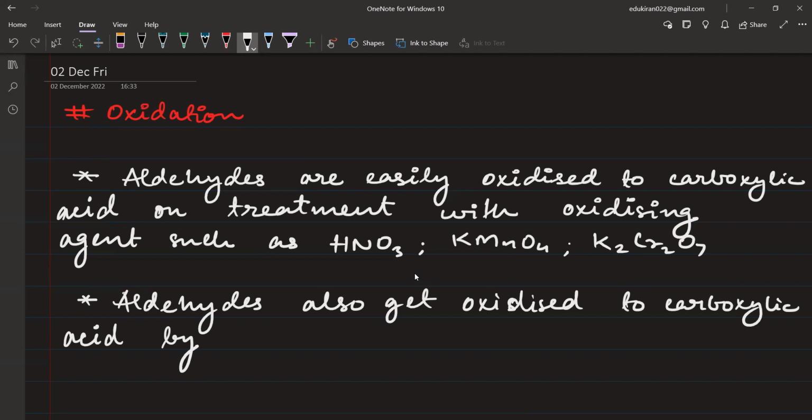That is very important. Fehling's solution or Fehling's reagent and Tollens reagent.